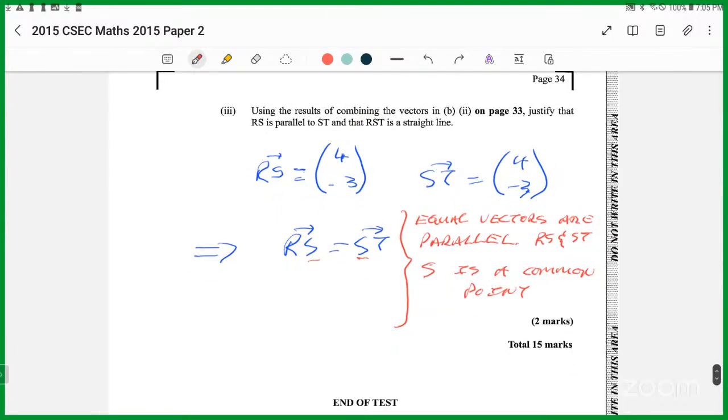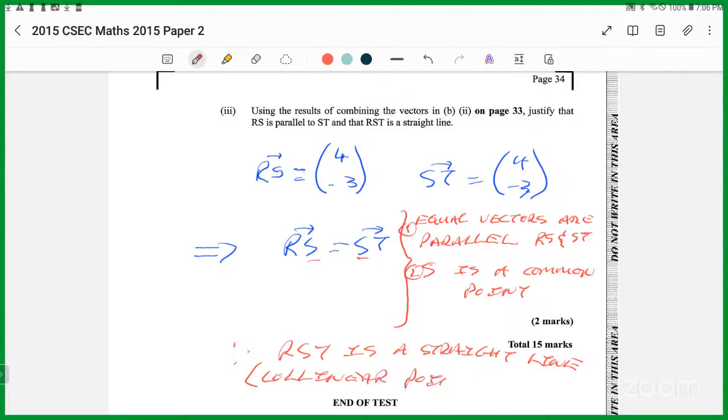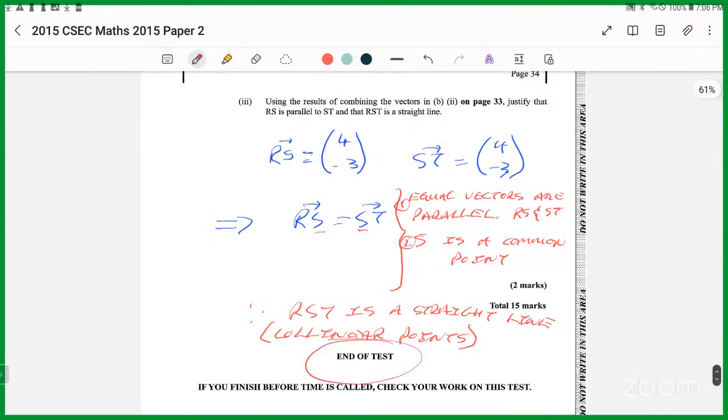So because we have parallel vectors and a common point, you can draw the conclusion, therefore RST is a straight line, meaning the points are collinear. Collinear points on a straight line. End of this test.